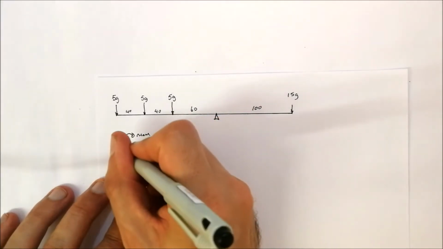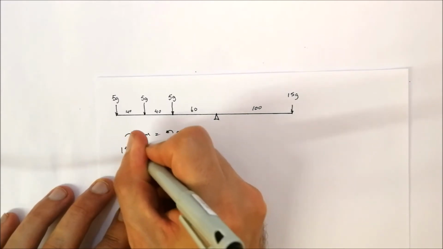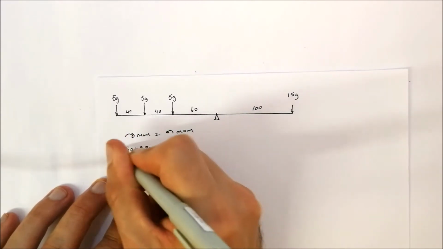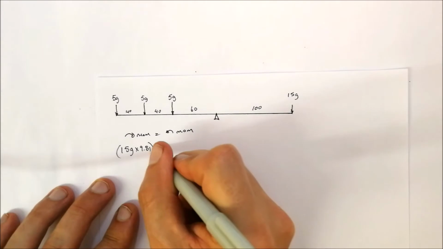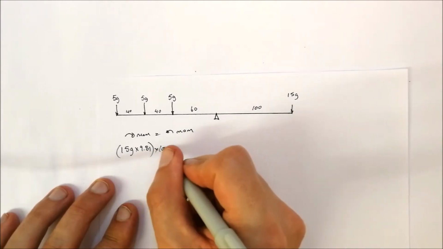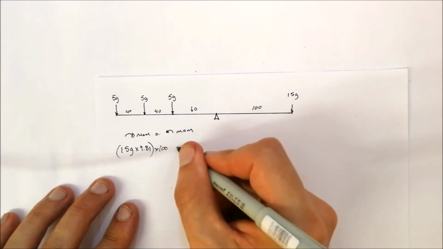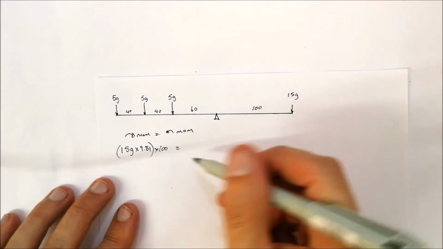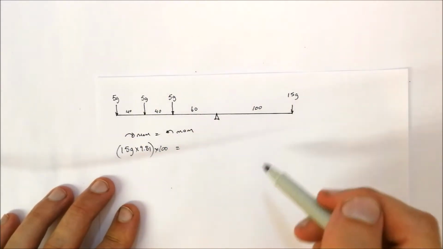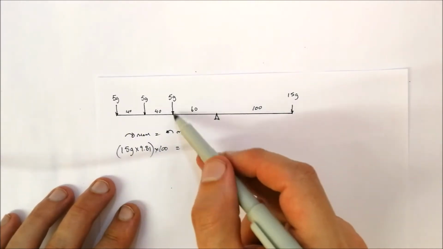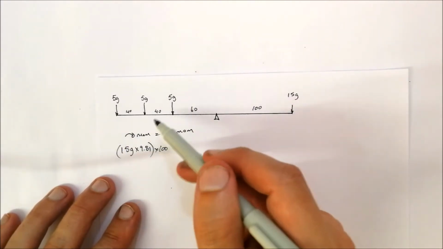So it's 15 grams multiplied by 9.81 multiplied by 100 millimeters, and that's going to be equal to, well, we don't see any other clockwise moments over there. All these forces over here are going in an anti-clockwise direction.